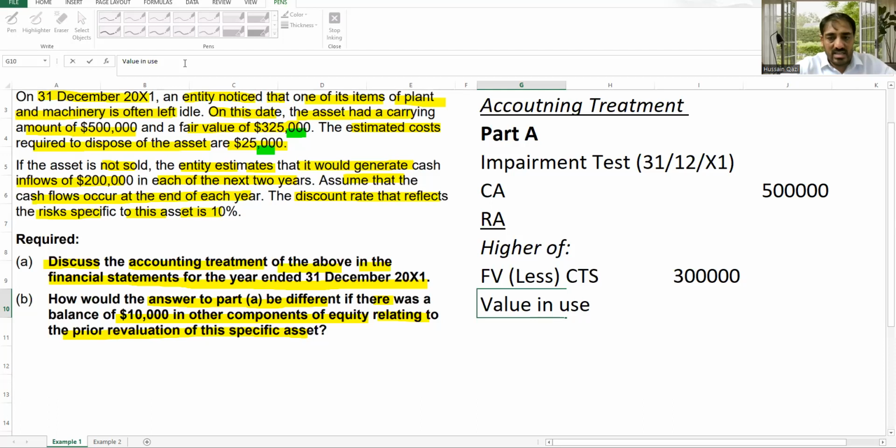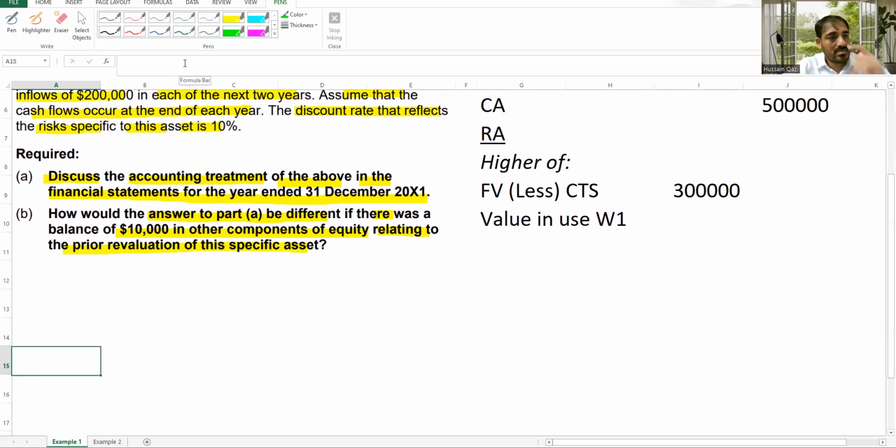In the case of the value in use, we have done a working here. So what is the value in use? It's very simple.